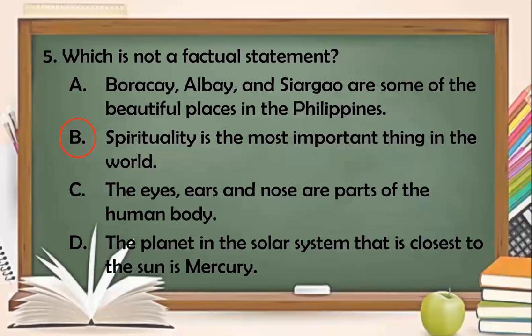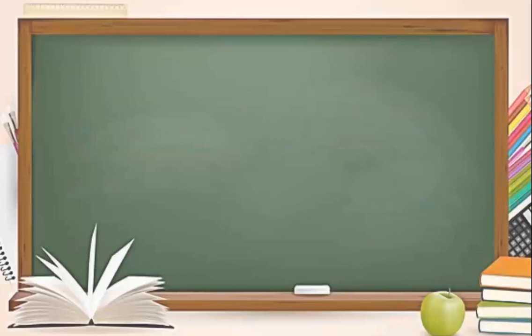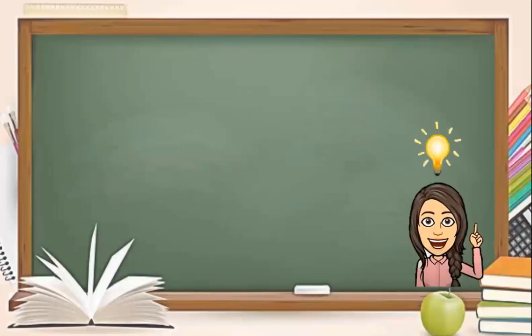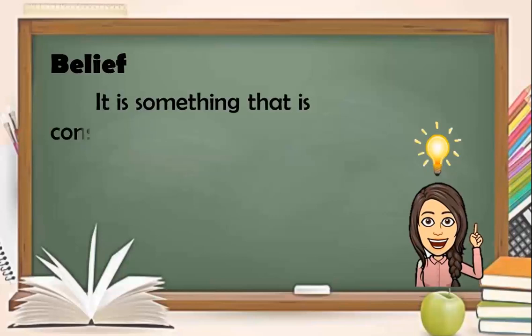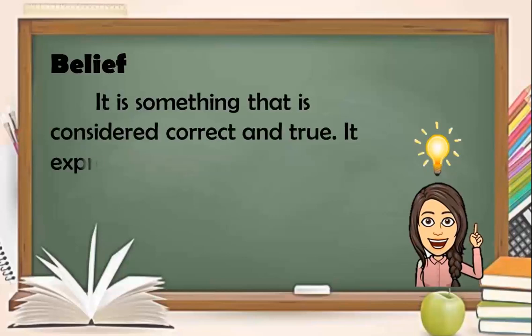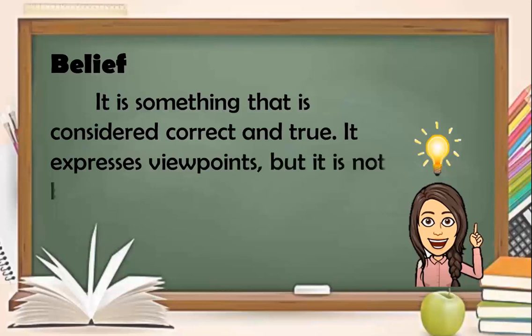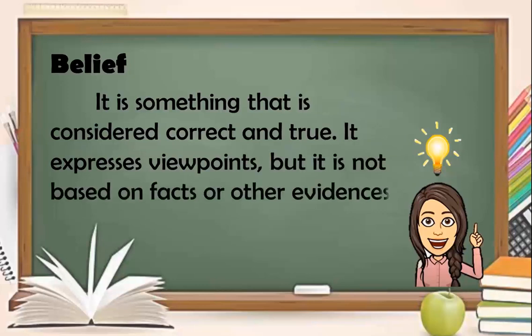Great job! Now, let us proceed to our discussion so that we will find an explanation to the answers in our previous activity. Let us first differentiate belief and conviction. A belief is something that is considered correct and true. For example, a person can believe in various things such as cultural or personal faith, morality, or values.